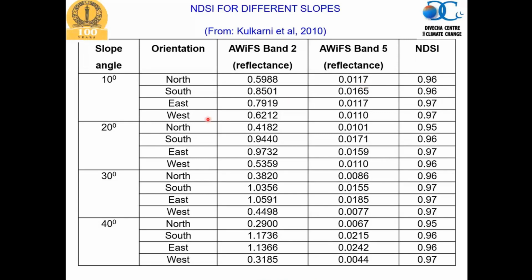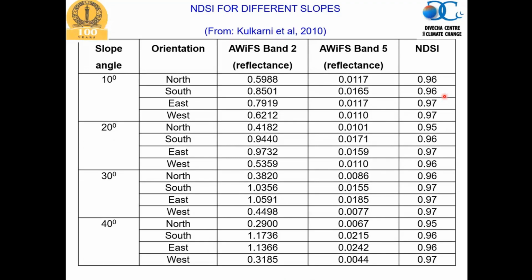If it is west sloping or south sloping, you can say 0.85 and 0.1. Even though there is a large variation in reflectance, there is no difference in NDSI. This is a unique characteristic of NDSI, and why this is happening, I will leave to you. You do a simple mathematical calculation and you can do it.